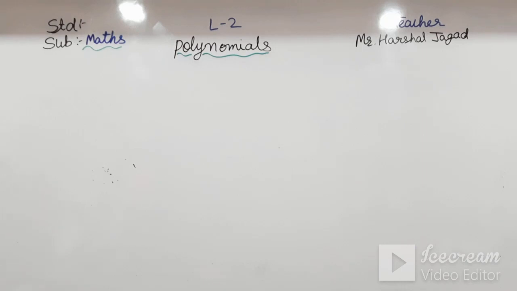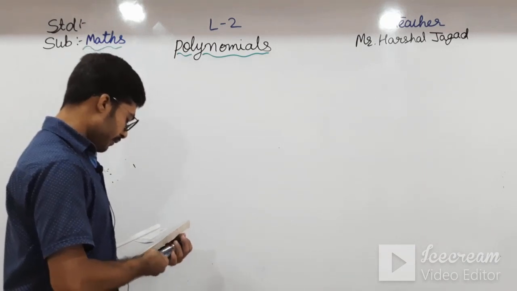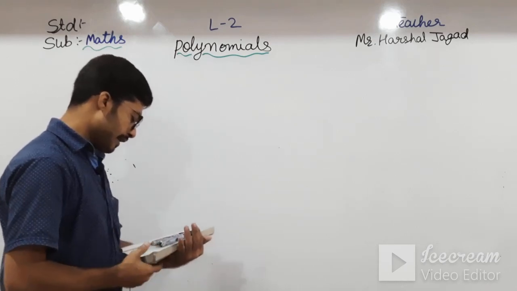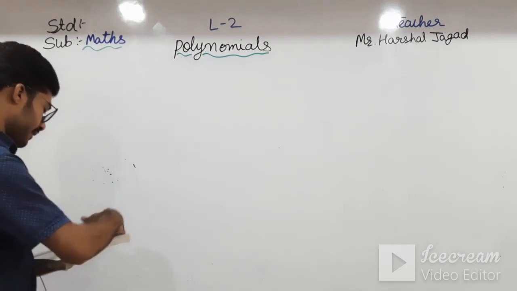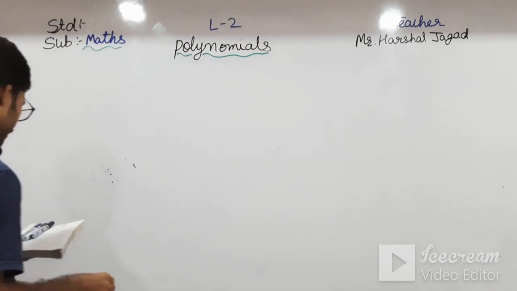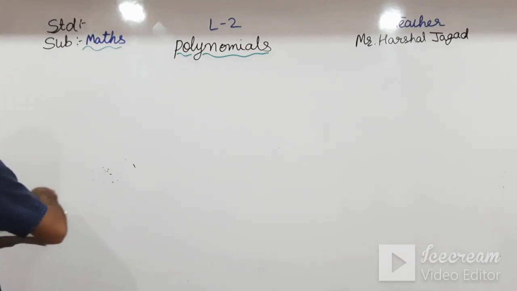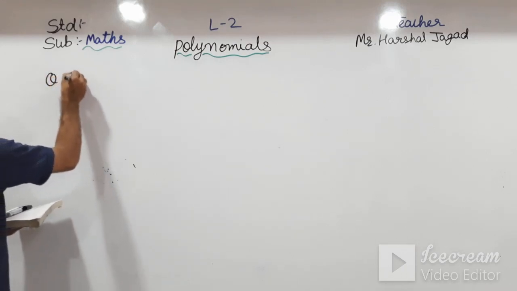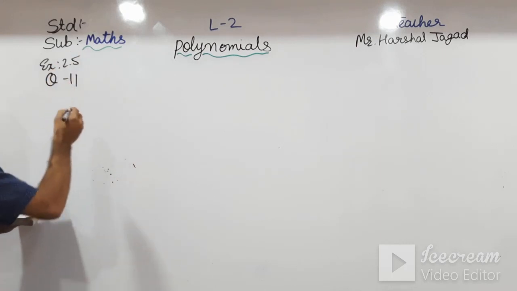See here, in exercise 2.5, according to the identity number 8, we have a sum that is to factorize. Question number 11, that is factorize 27x cube plus y cube plus z cube minus 9xyz. I am writing the question over here. Question 11 of exercise 2.5.